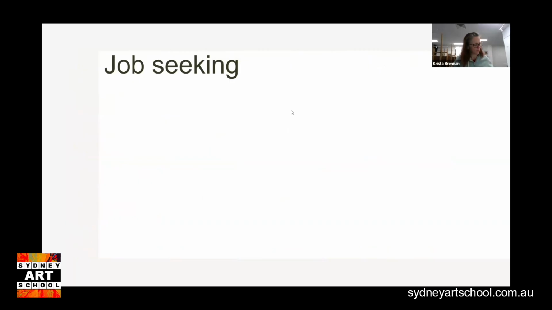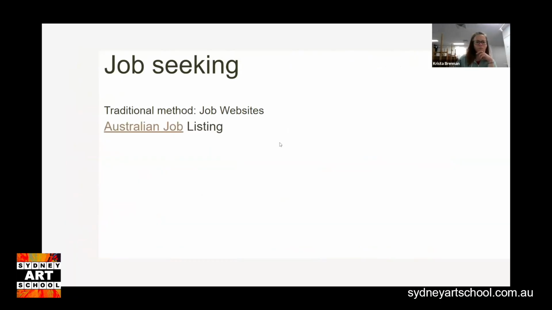All right. Thinking a little bit about job seeking. A traditional method of job seeking is job websites. So if we're looking at different job opportunities that you might be able to go for, let's have a look at those.